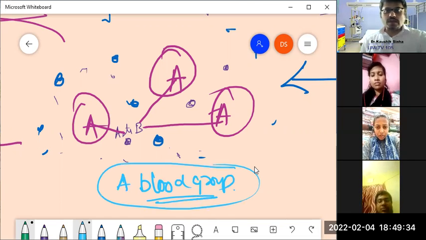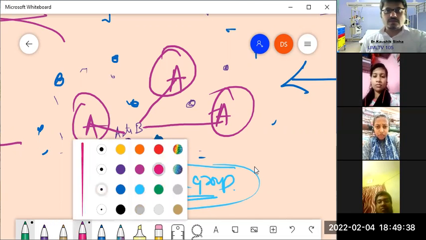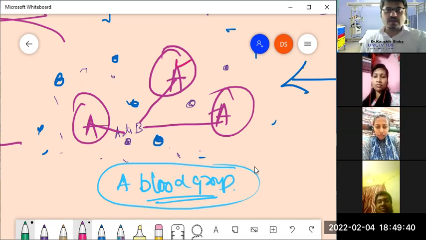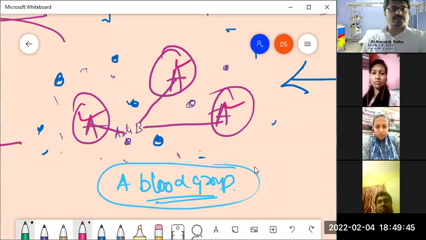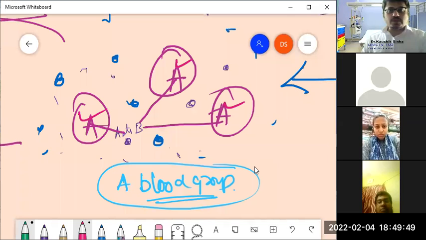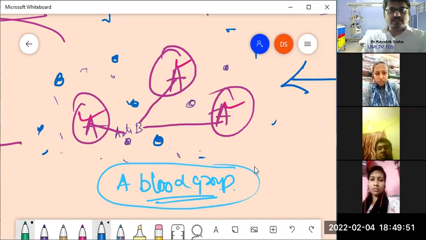So in the A blood group, what we are having is the A agglutinogens. Got it? And with the A agglutinogens, we are also having agglutinins, which are anti-A.